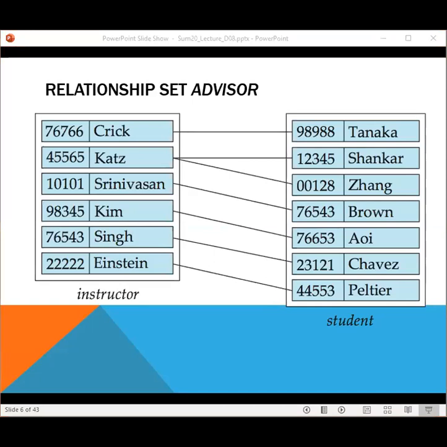It's also possible to have a recursive relationship. That's a relationship that exists between instances of the same entity. So for example, course and prerequisite. Prerequisite is a recursive relationship between course.